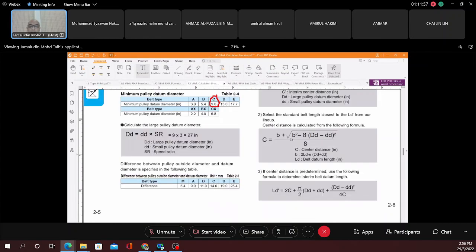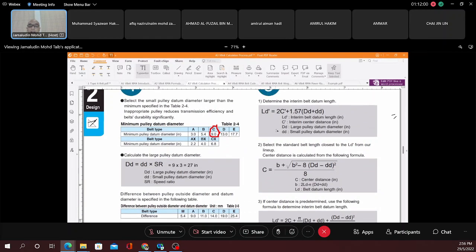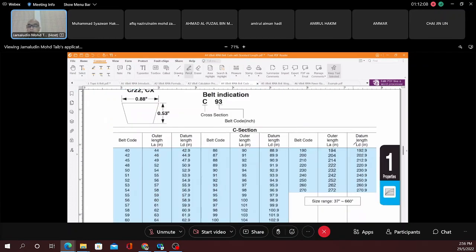We choose our belt number based on this value. Once you have the value, then we can choose the belt code. That's what you should do now.